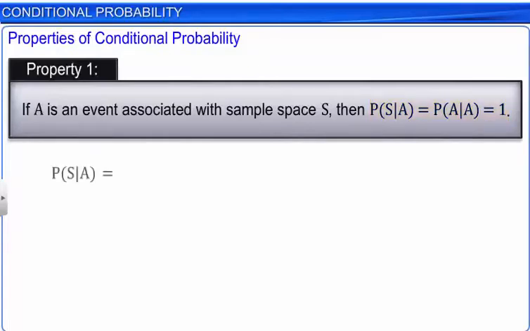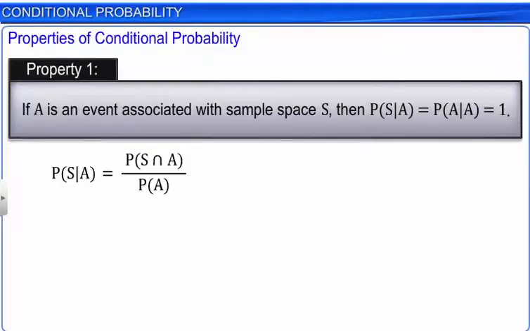We know that the probability of S given A is equal to the probability of S intersection A divided by the probability of A. Since A is a subset of S, S intersection A is A.